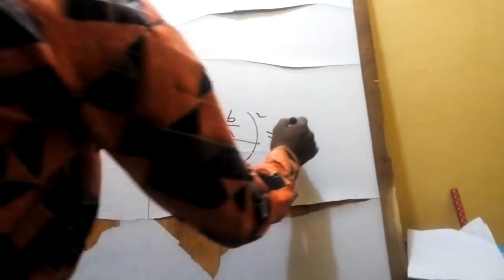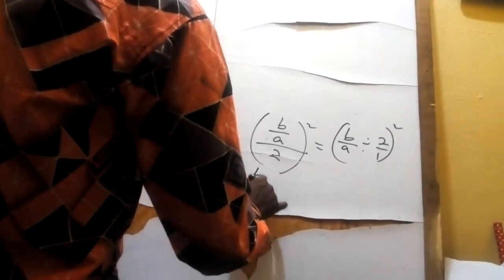It also means you have b over a divided by 2 all over 1, then you square it. This also implies b over a times 1 over 2, squared, which is equal to b times 1 is b, all over 2 times a is 2a, squared.